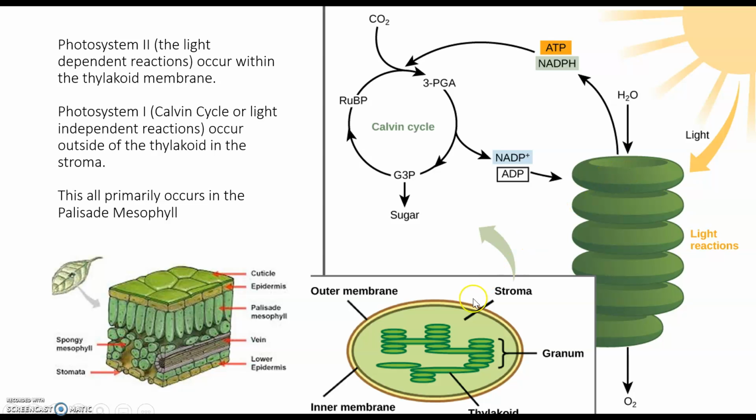If we zoom out and look in the stroma, this is where photosystem 1 will occur in the stroma. And our sugars are going to occur outside of the chloroplast in the cytoplasm of the cell. So that's outside of this, in the cytoplasm of one of the palisade mesophyll cells.